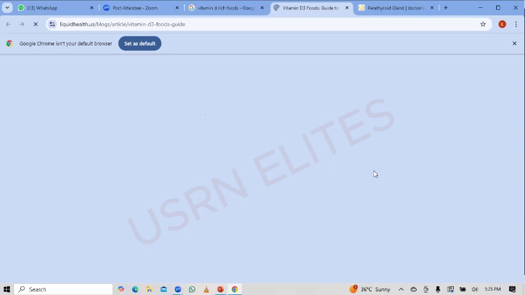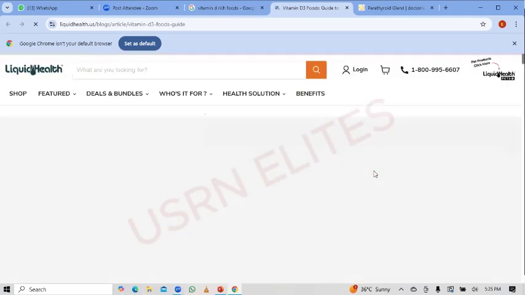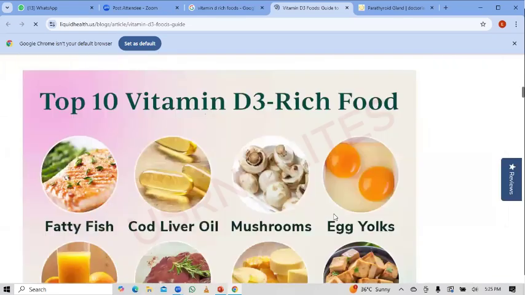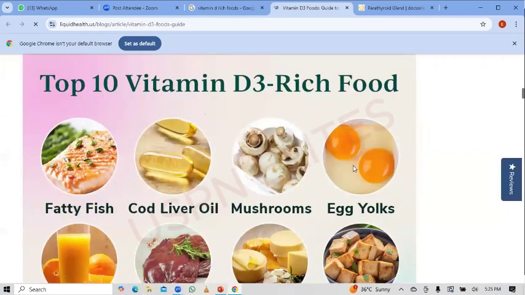Egg. Yes, please let's take note of them, because on the NCLEX they will not just write vitamin D rich foods. They will rather bring examples for you to select.